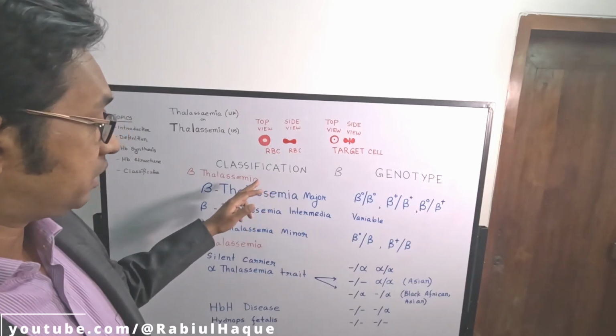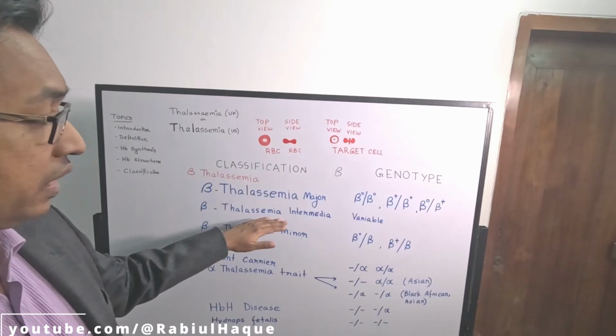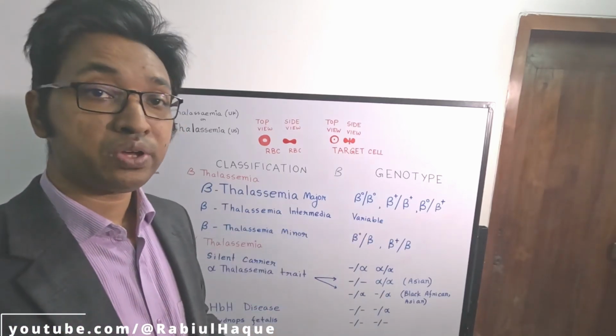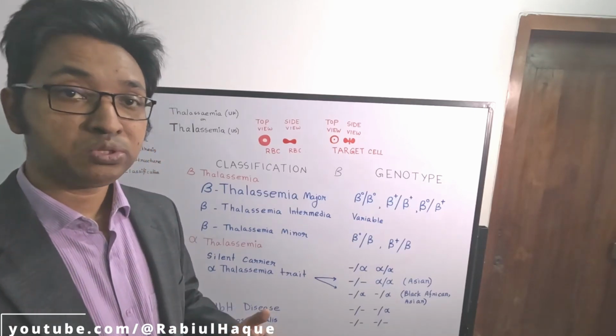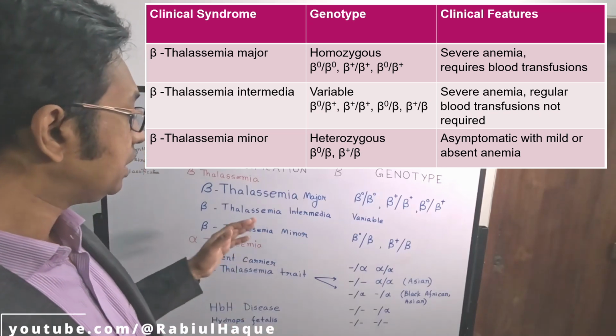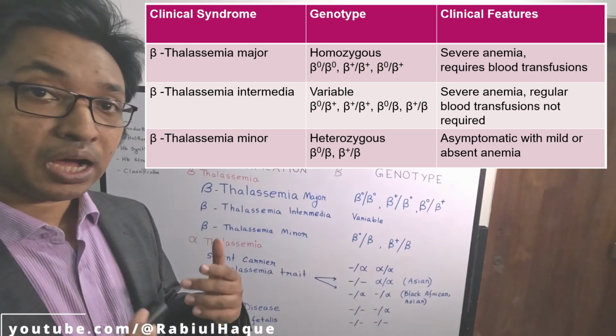Now, in between beta-thalassemia major and beta-thalassemia minor, we will have thalassemia intermedia, and there the genotype will be variable, and I will show you the genotypes on screen. But always remember, in beta-thalassemia intermedia, there may be other problems.